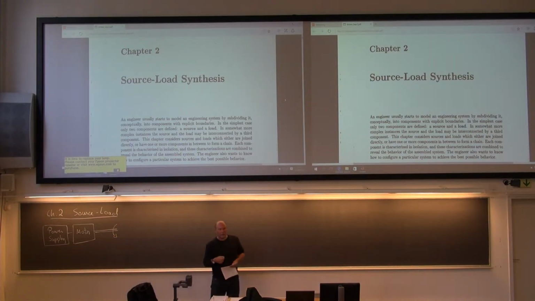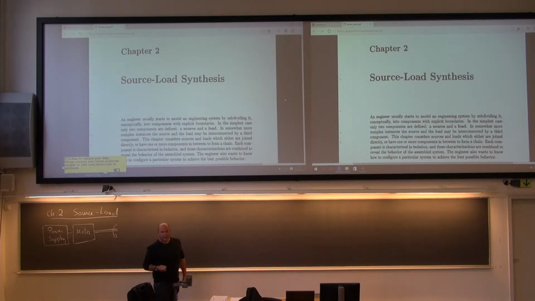But a motor does actually two things. One thing is that we can make this axis rotate, but also it has to provide a force. And here, in a rotating system, we talk about torque. In Norwegian, moment. Force times the arm.